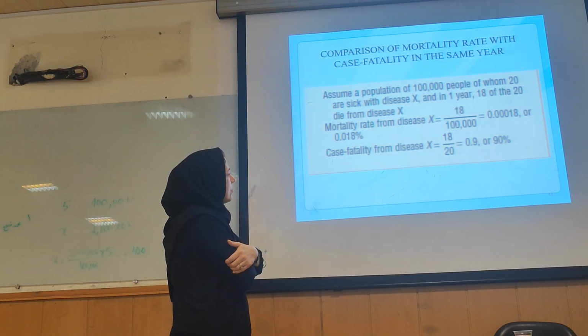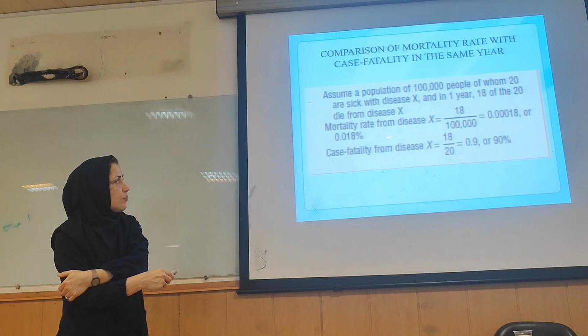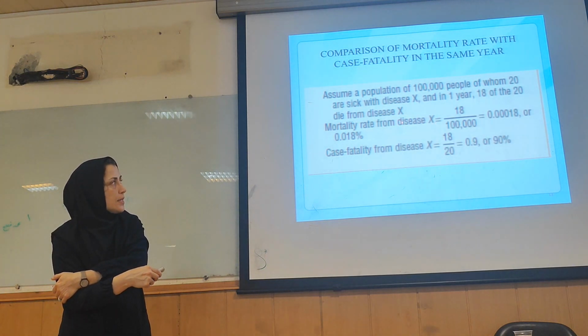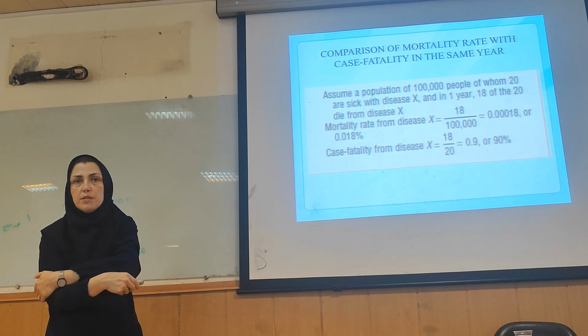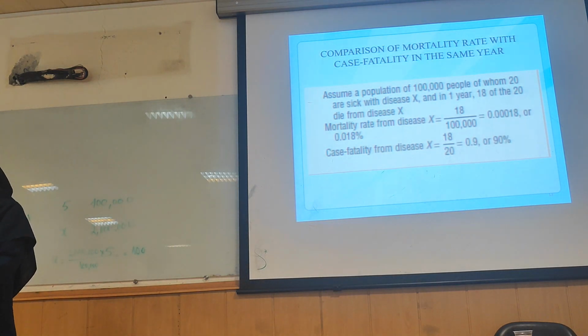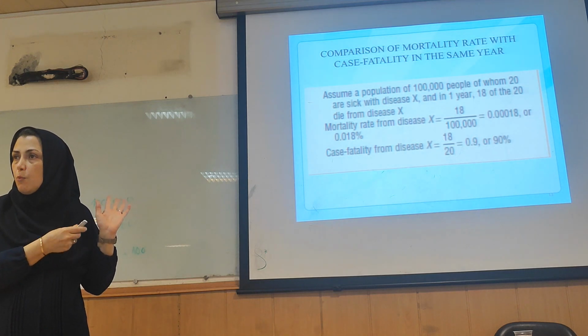How about total mortality? The mortality rate from disease X is the cause-specific mortality rate, okay? But how about the total mortality rate? We need to see the total number of people who died. Very good. We cannot say anything about the total mortality rate in this example. Why?